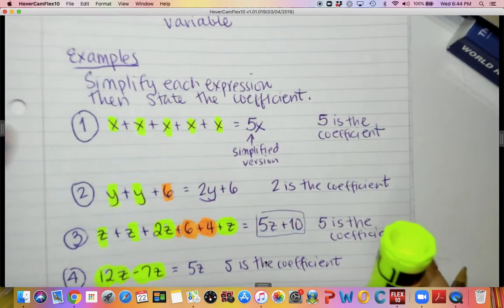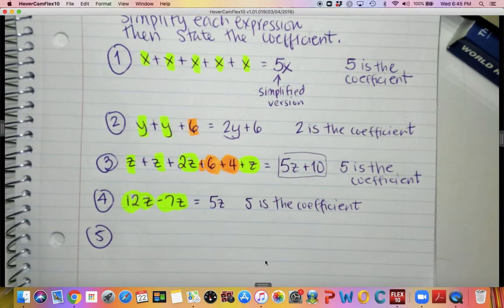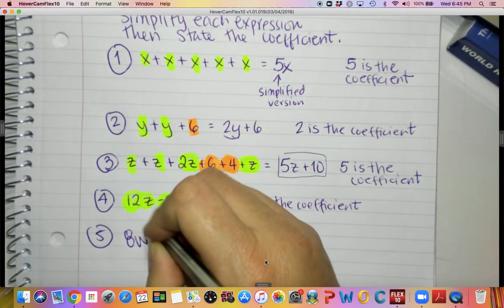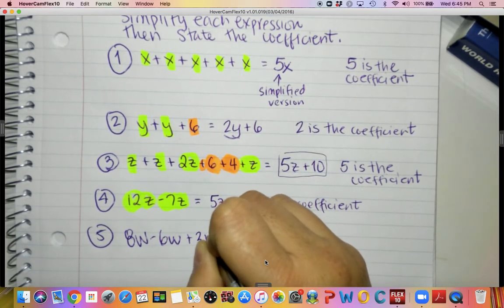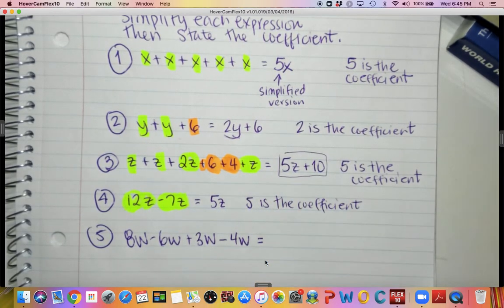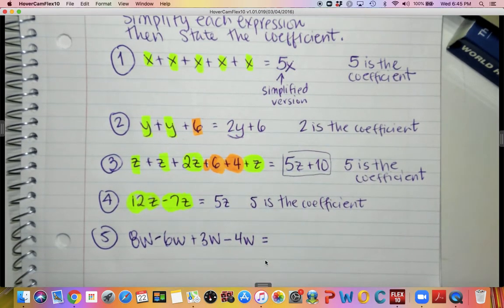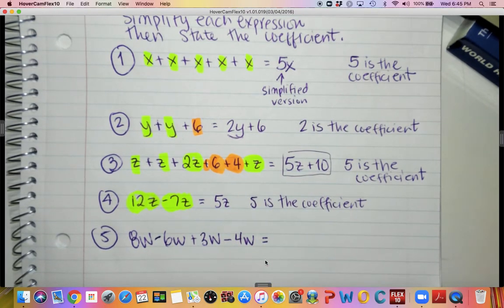Okay, now I'm going to step it up again where I have numbers and letters. So 8w minus 6w plus 3w minus 4w. So these all happen to be w's, which I didn't notice at first when I looked at the problem.